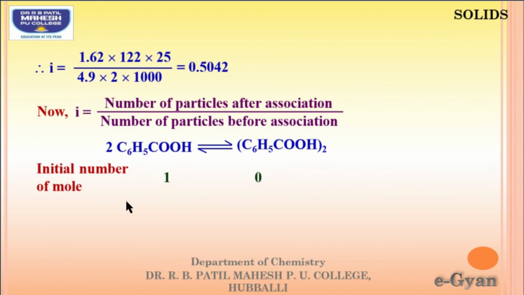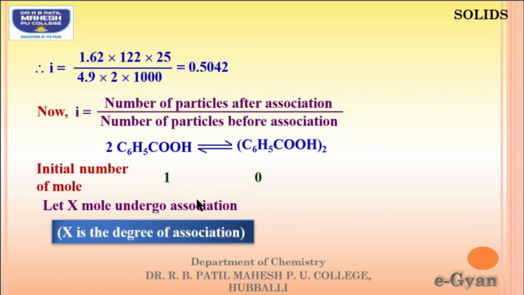Let x mole undergo association, because x is the degree of association. At equilibrium, what will happen? One molecule was there and x molecule has undergone association, so 1 minus x. And the product side will be x by 2, because it is a dimer. If it were single, then it was x. Since it is a dimer, x by 2.